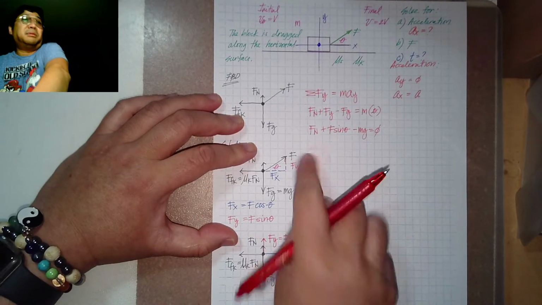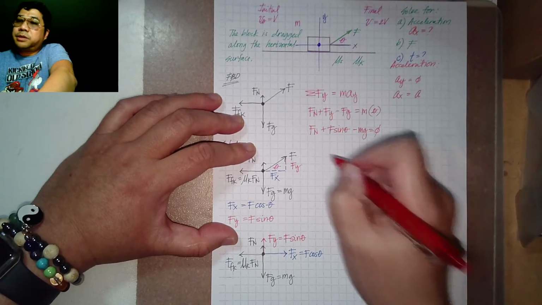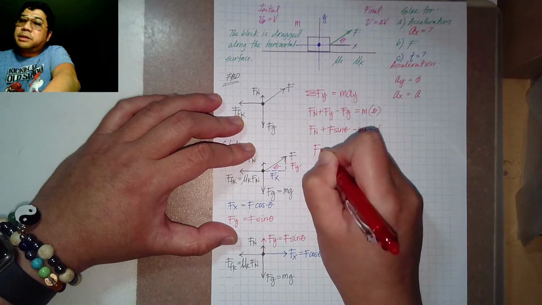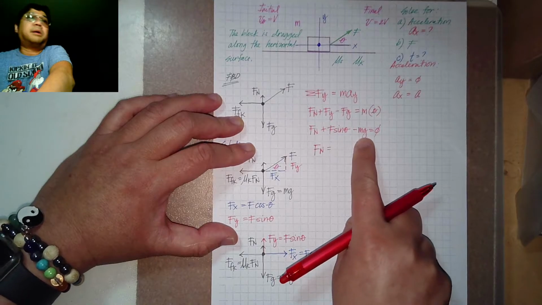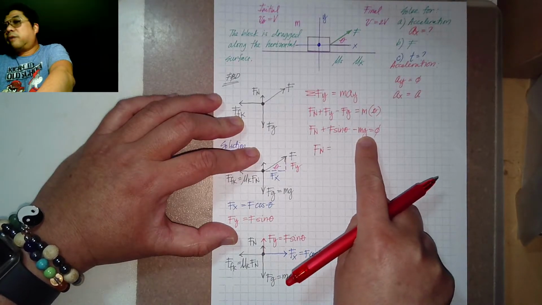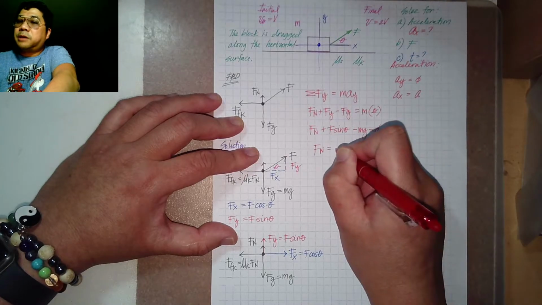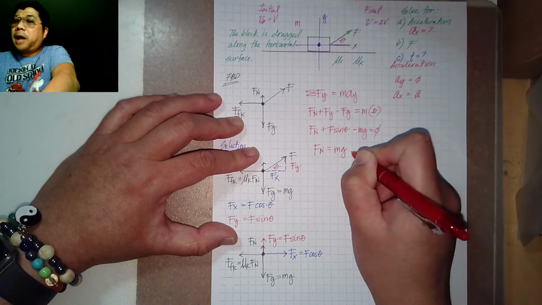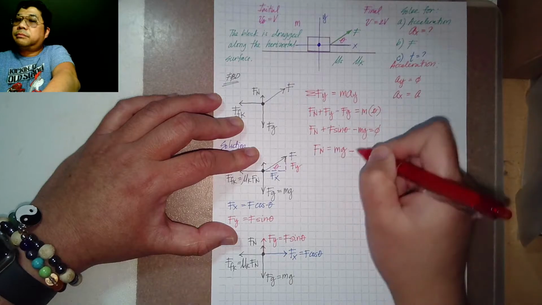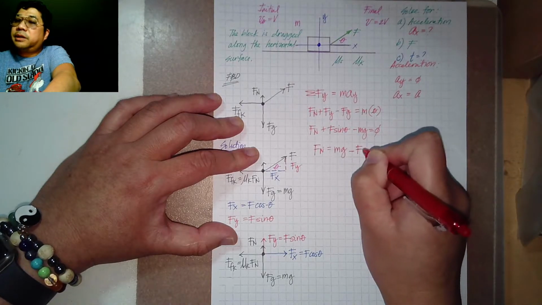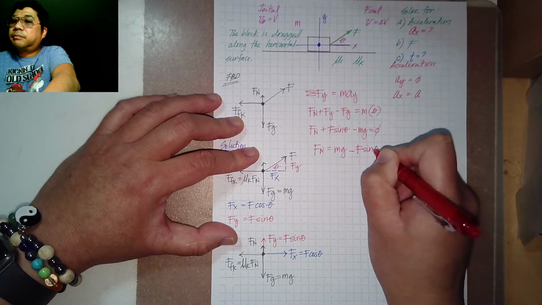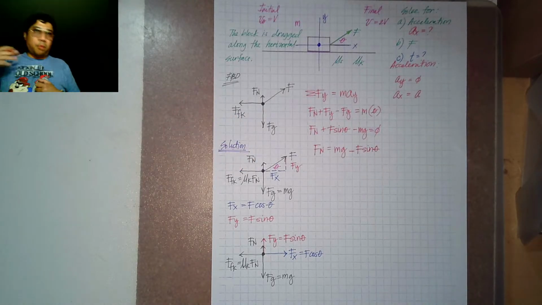So all I have to do is keep Fn by itself on one side of the equation. So that is Fn, bringing our mass times g, or force of gravity or weight, to the other side of the equation, changing it from negative to positive: mg minus F sine theta. So that will be for our y-axis.